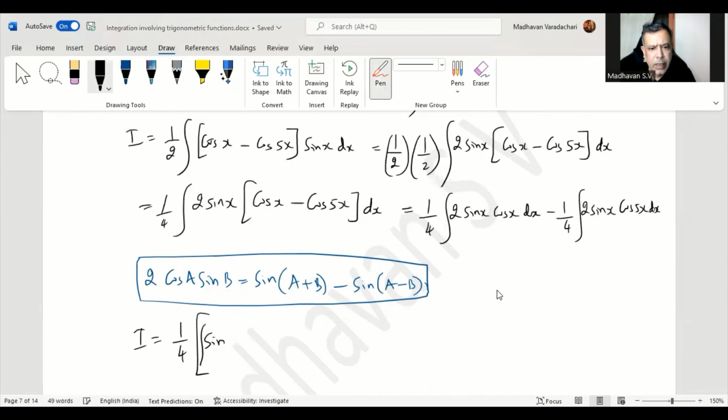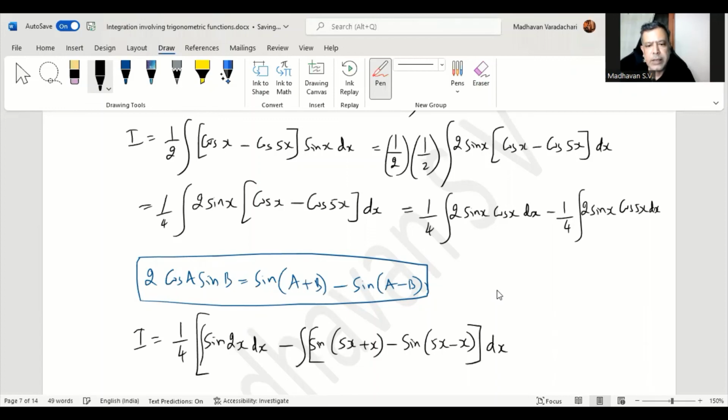So the integral of sin 2x dx minus, this one, 1 by 4 is already taken outside, 2 sin x cos 5x will become the integral of sin 5x plus x minus sin 5x minus x, the whole thing dx.